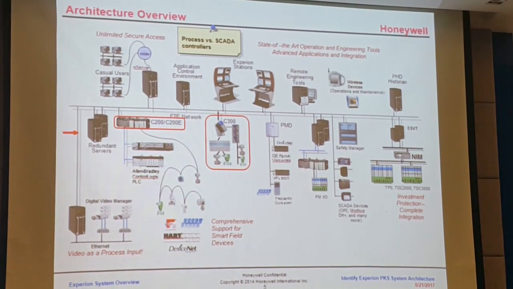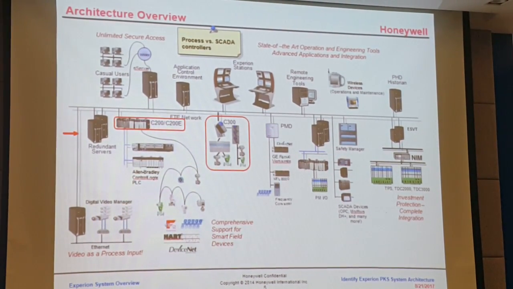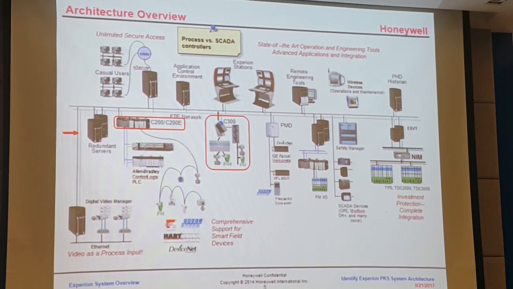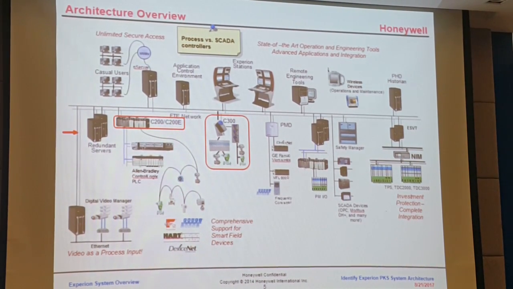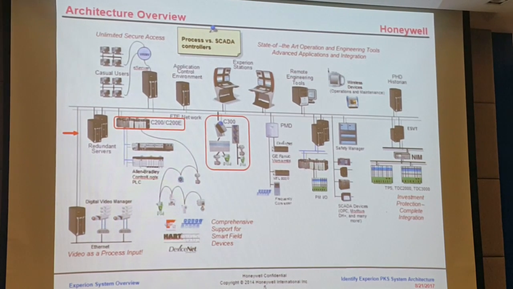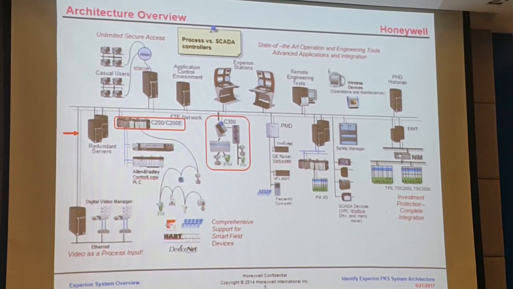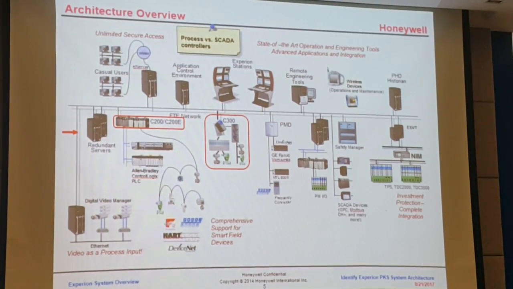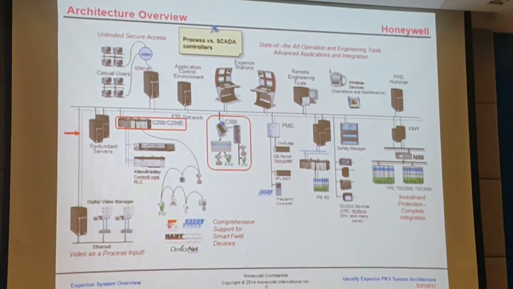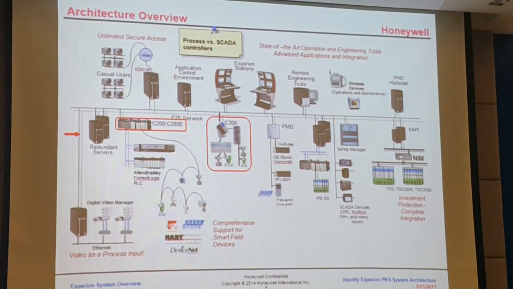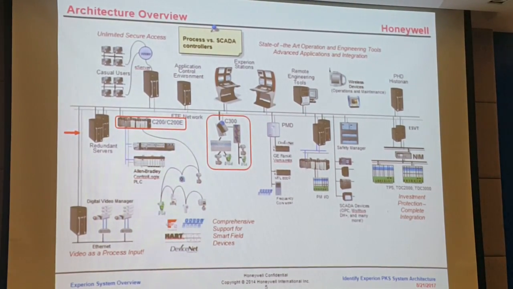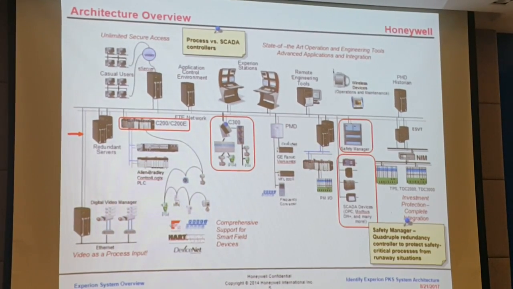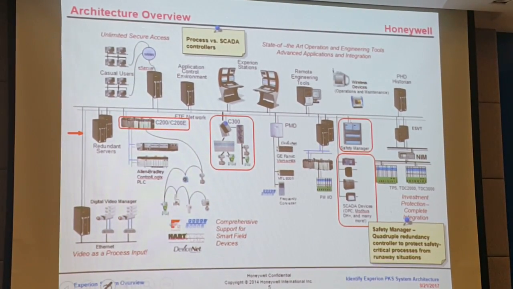The C200E is an advanced version of the C200. These controllers are the first type. We call them integrated controllers. The second type is SCADA controllers, as shown here.